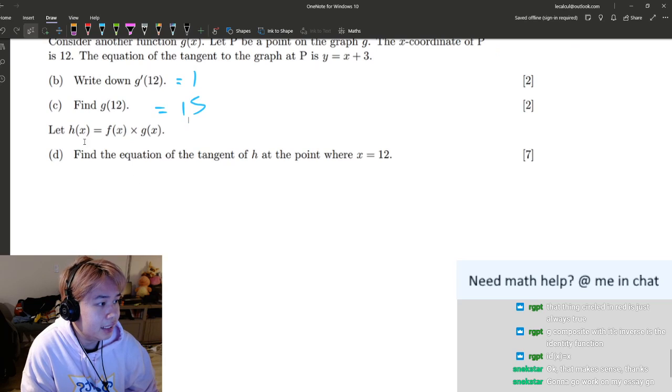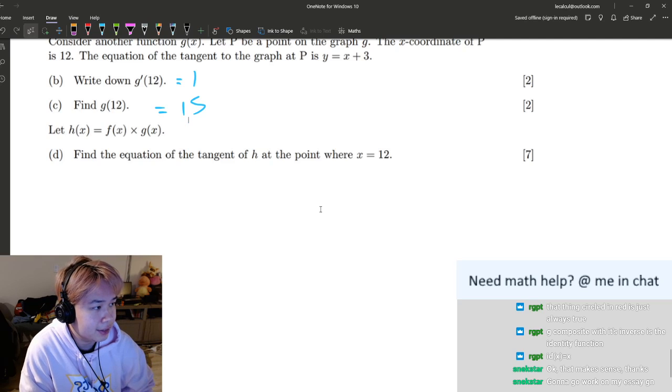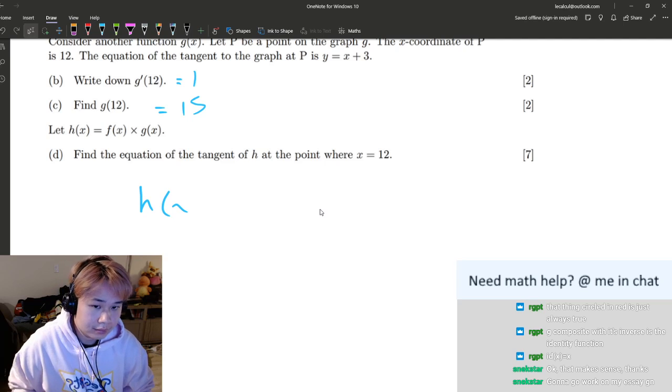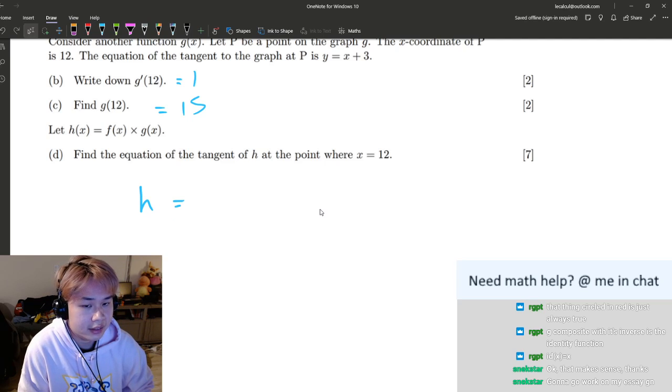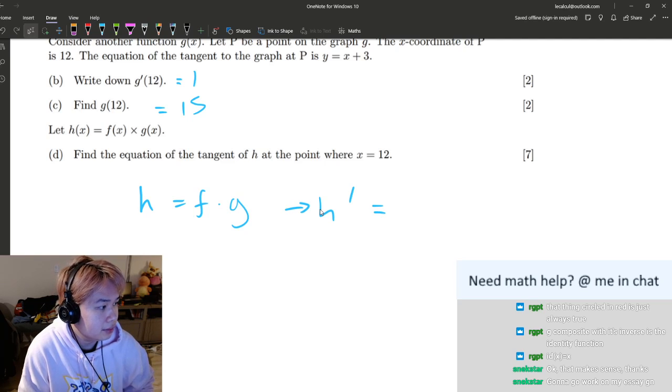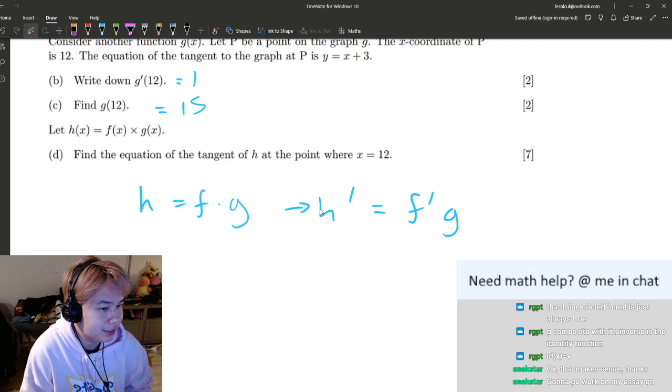And then let h of x be f times g, and then find the equation of the tangent where x is 12. So h is f times g, so if we want to find h prime, we use the product rule. So derivative of f times g plus f times the derivative of g.